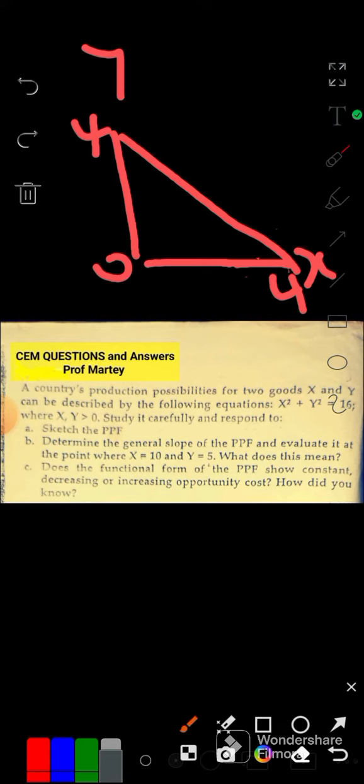So we give it a straight line depicting that the opportunity cost of producing 1 unit of x will be the same as producing 1 unit of y.